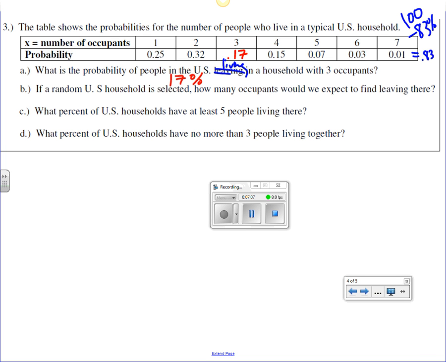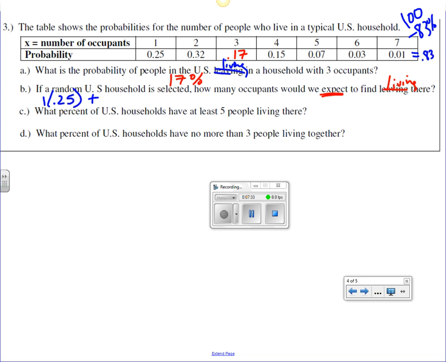Okay. All right, questions on how we got that? Okay, if a random U.S. household is selected, how many occupants would we expect to find living there? Okay, so when you see the word expect, that's where you do 1 times 0.25. What symbol do I put next?